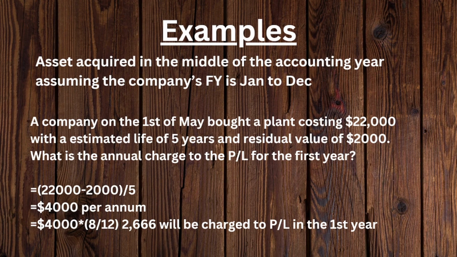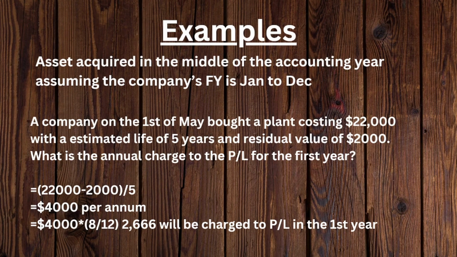We can see that the figures are the same as the first example. The only thing changing here is that the plant was bought not on the 1st of January. So in that case, when we insert the figures and we get 4,000, that will not be the correct value for the year which will be charged to the P&L.